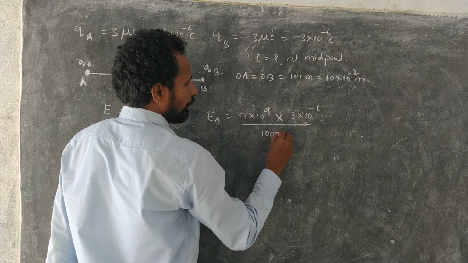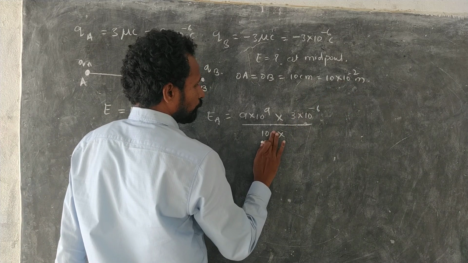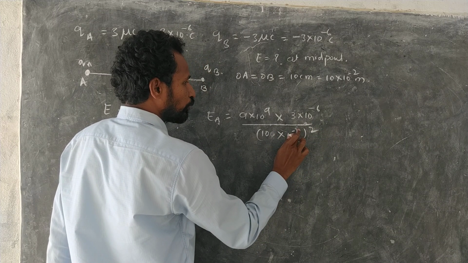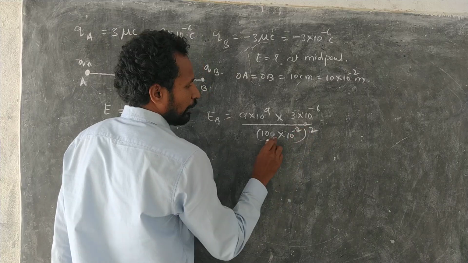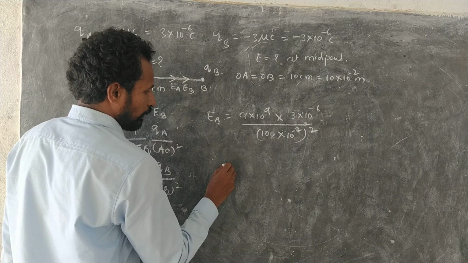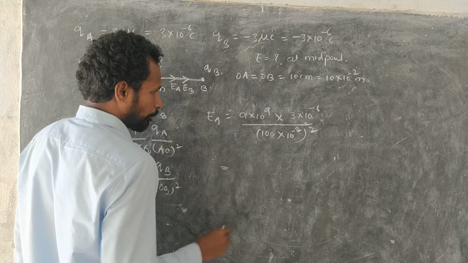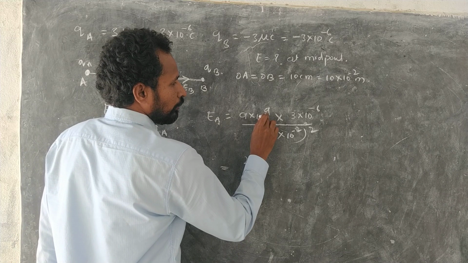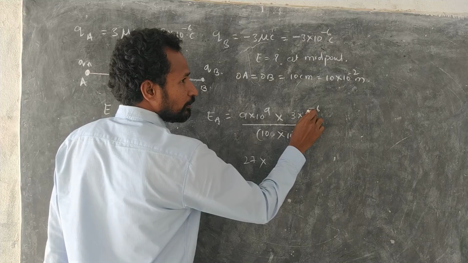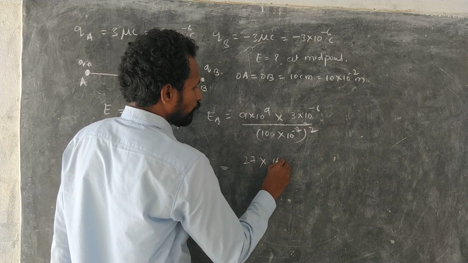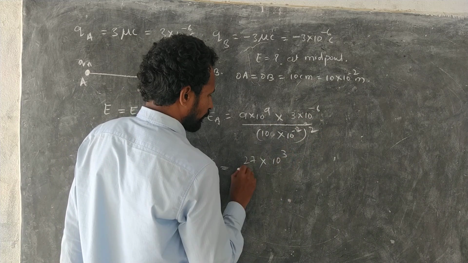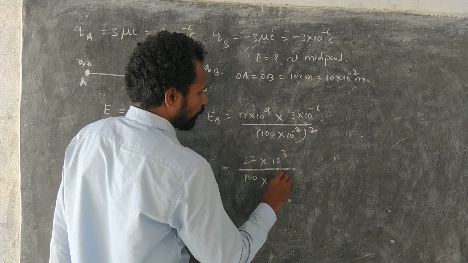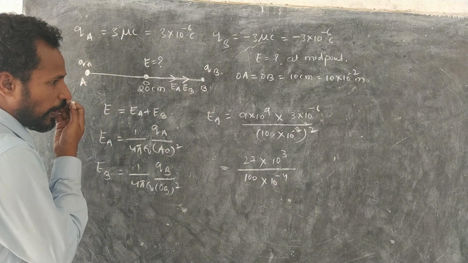I will write one more step. This will be 9 into 3, 27, into 10 power plus 9 minus 6, 10 power 3, by 100 into 10 power minus 4.